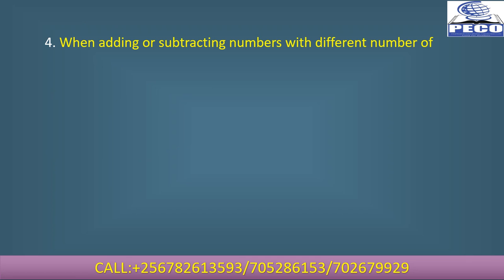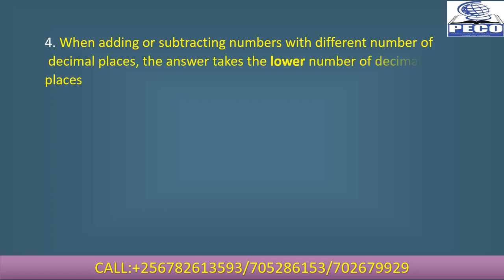How about adding or subtracting? When adding or subtracting numbers with different number of decimal places, the answer takes the lower number of decimal places. Examples: 46.845 plus 45.3.